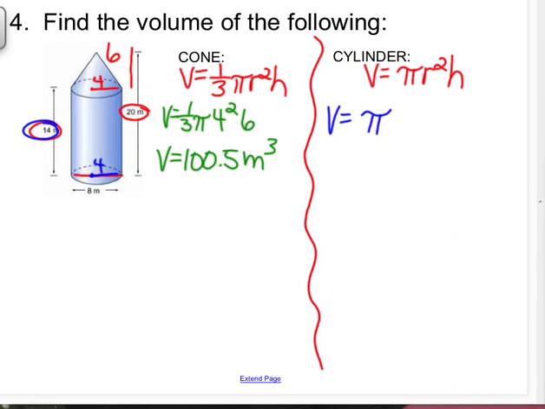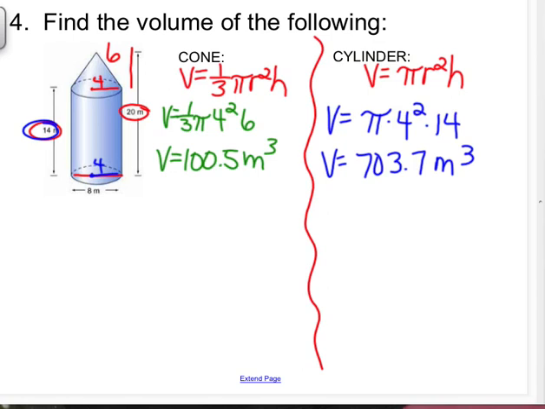I take pi times, again, the radius is 4, which you're going to square, times the height of the cylinder, which is 14. And I punch it all in my calculator. I might have to do a little rounding here or there. And I get an answer of 703.7 cubic meters.